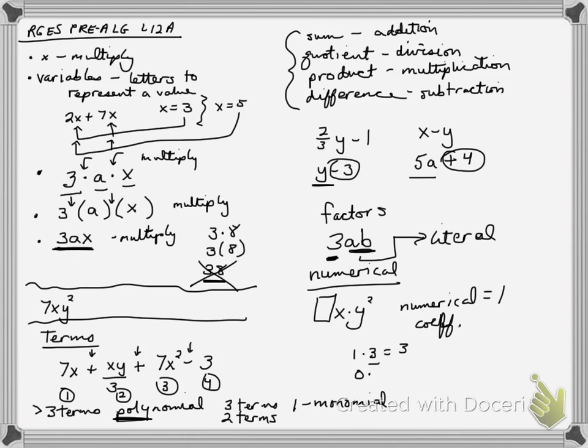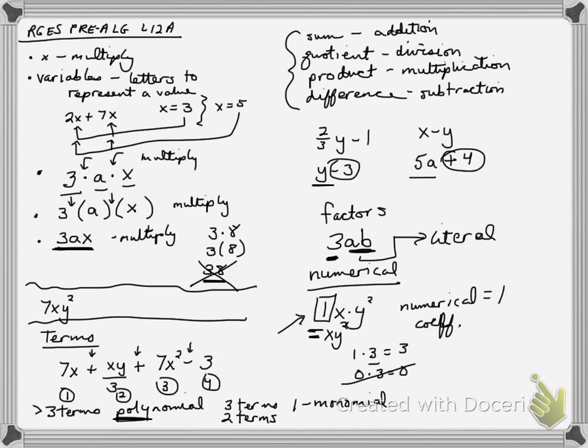But 0 times 3 is 0, so we don't want that. I don't want to say the numerical coefficient would be 0, because then it would delete the term. I would say it's 1, because 1 times all this is the same as all of that without the 1. All right? Do the rest on your own, and we'll talk about the answers together.